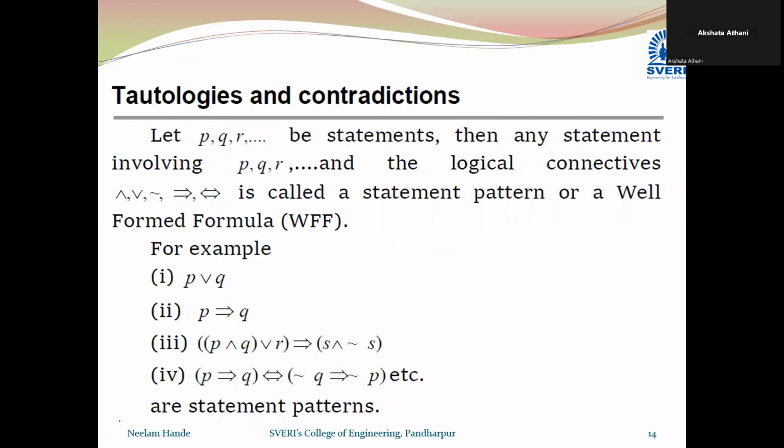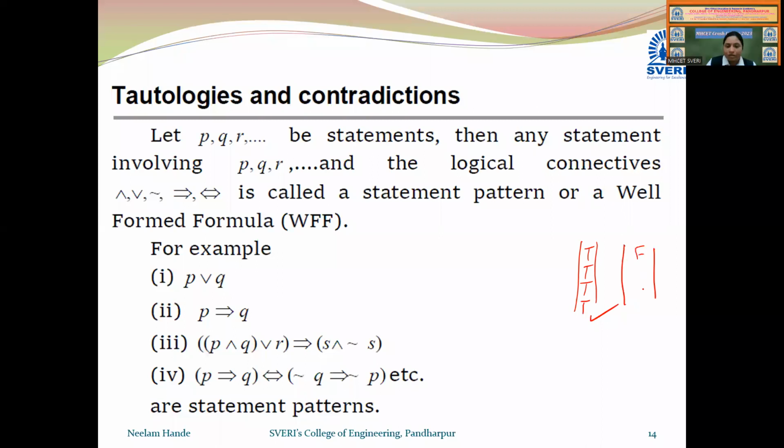So, tautologies and contradictions. What is a tautology? If all the last-column values in the truth table are true, it is a tautology, and if all the values are false, it is called a contradiction. The combination of true and false is called a contingency; it is neither tautology nor contradiction.